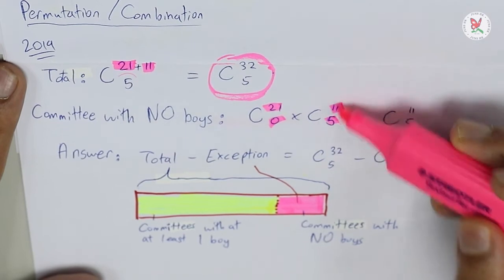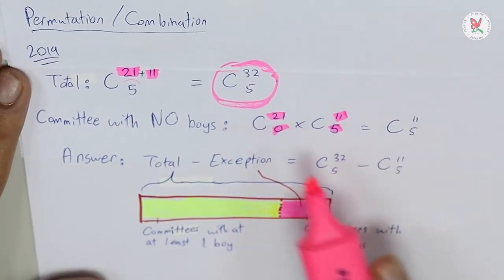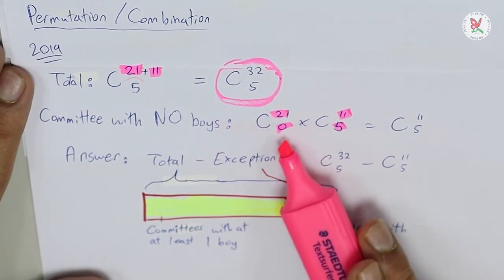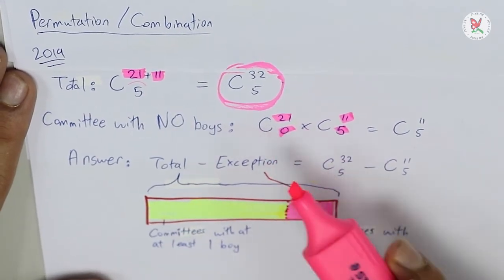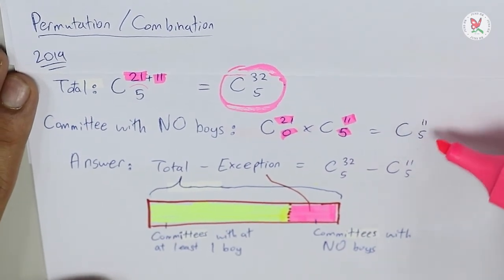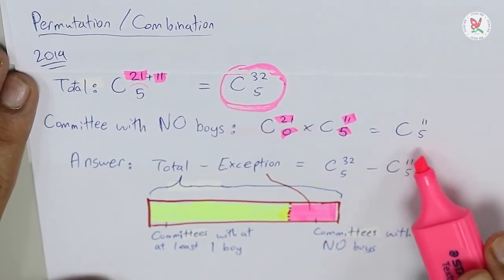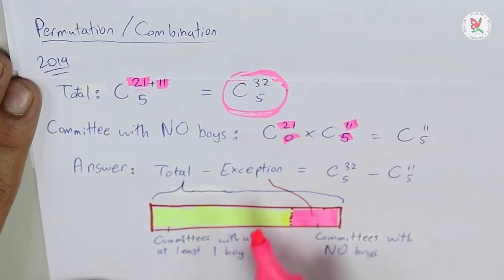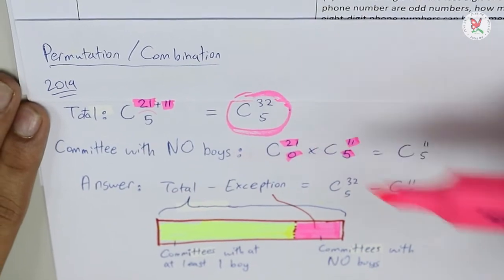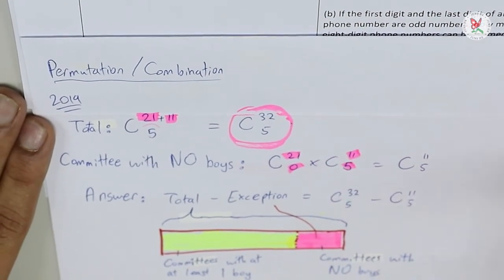In order to calculate this, we realize that C21 0, even though it looks hard, since it has a 0 on the bottom, it must be 1. It's a simple rule you can use to shorten your answer. Now you end up with C11 5 for the committees with no boys. Finally, we can just subtract these 2 things to get our final answer.